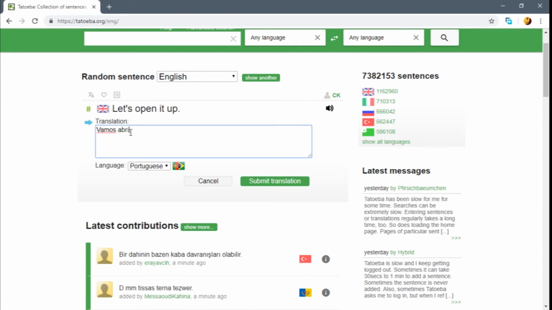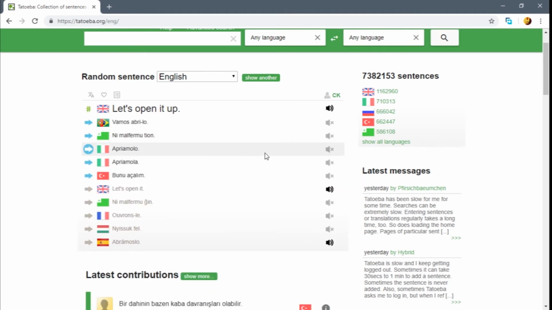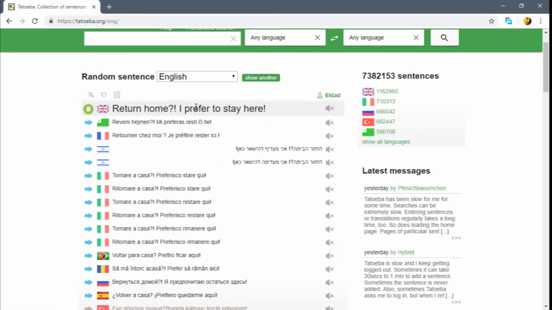No. Let me just search here, guys, to make sure that I'm doing this correctly. There's no R here. So you guys can use a dictionary to help, because there's no way you can remember all the words, right?